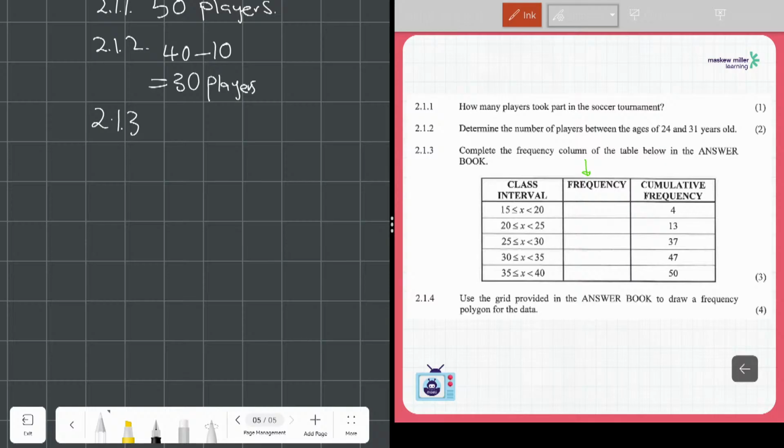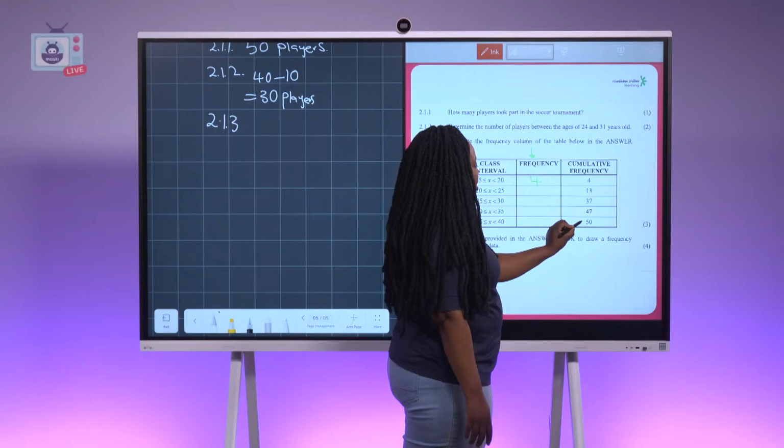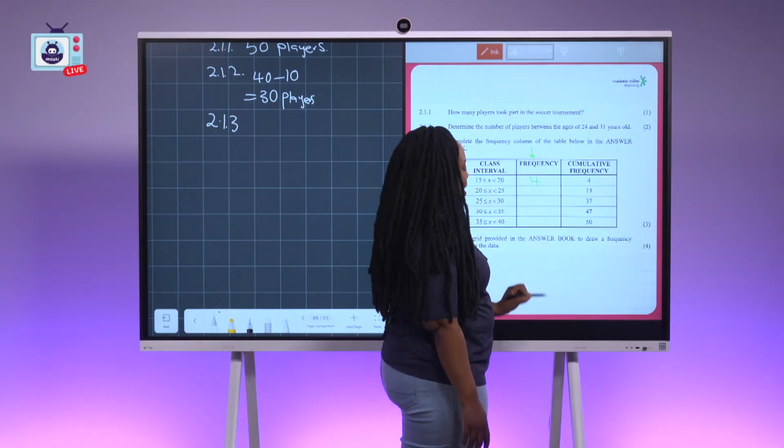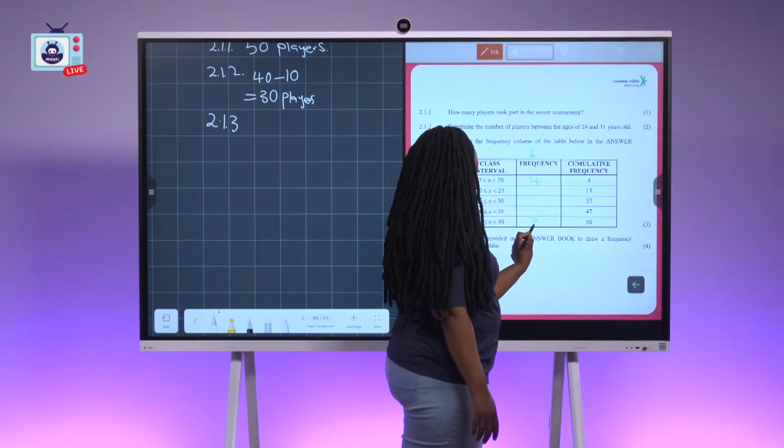Always for the first one, you will just stick to the number that is given. Ask, how many do I need to add to get 13? You put that. You can move like that, or you can go upward and say, for me to get the number here, I need to say 50 minus 47, for which I will get 3.